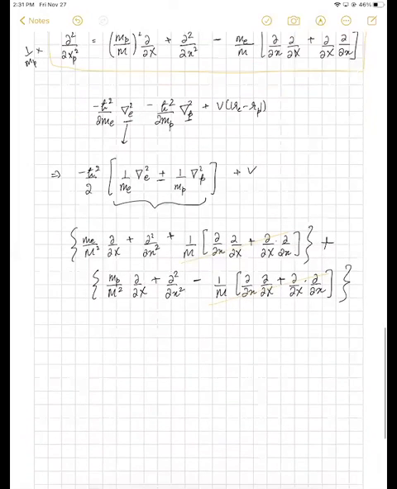What are we left with? We have me by m squared plus mp by m squared.